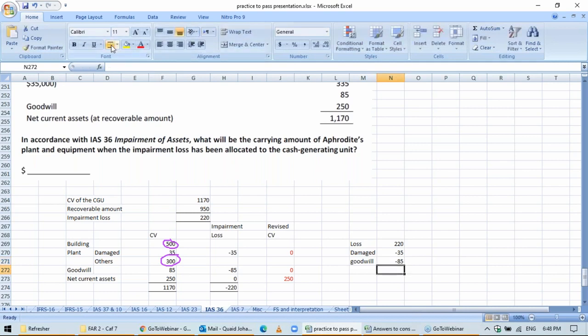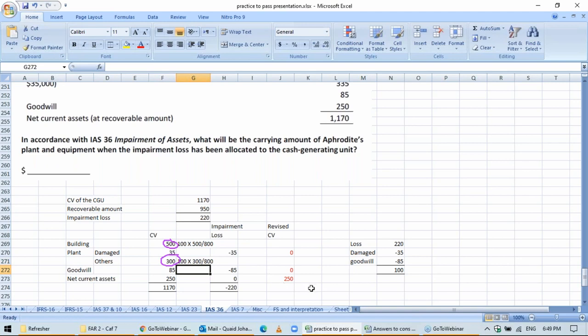The remaining amount of loss that needs to be allocated is 100. So 100 needs to be allocated to these two items. It is 100, the loss, multiplied by 500, its own carrying value, divided by the total of both assets' carrying values. And then again 100 multiplied by the carrying value itself, 300 of the others, divided by 800.